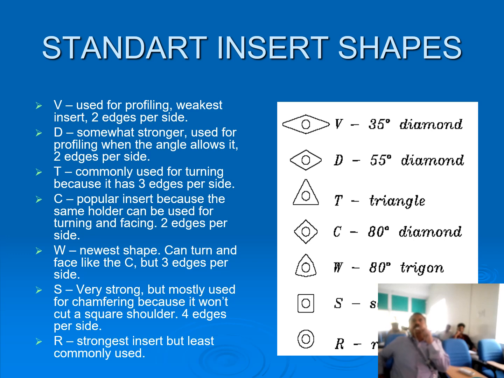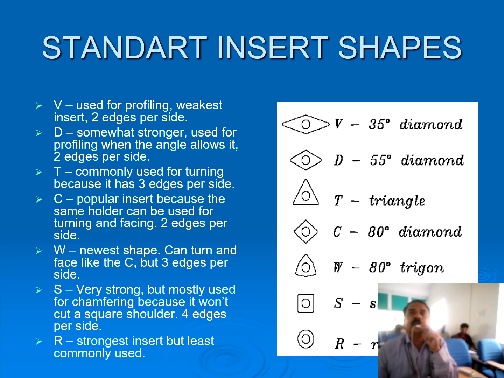And here you can see the standard insert shapes. So based on the operation, the insert shapes are used. For example, here you can see V. This V is used for profiling, and it is one of the weakest inserts. And when it comes to B, somewhat stronger, used for profiling when the angle allows it.